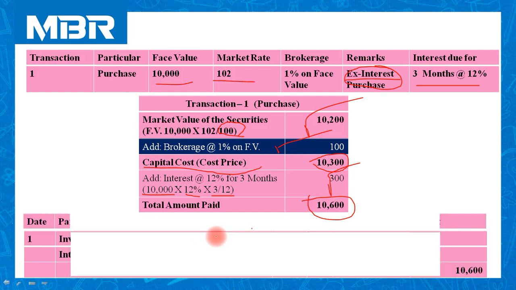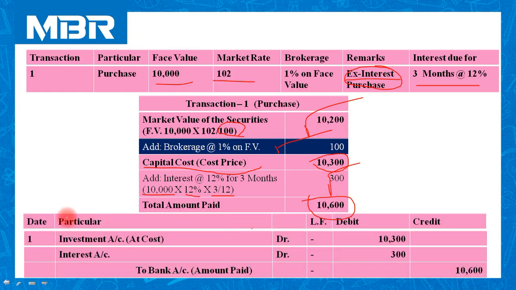So journal entry for this transaction is investment account debited. It is clearly written over here. Investment account debited. What to debit? It is written for your reference. We need to debit investment account at cost price, or say capital cost. What is the capital cost? 10,300. So investment account debited 10,300.